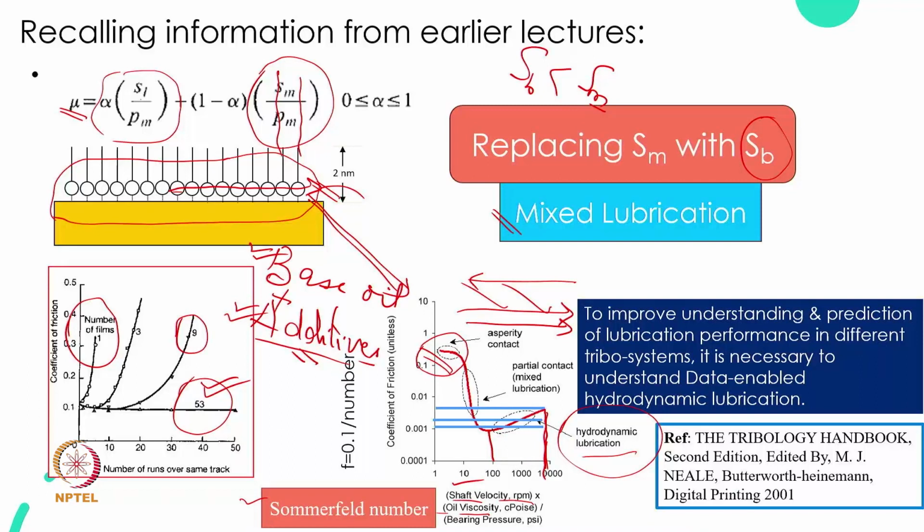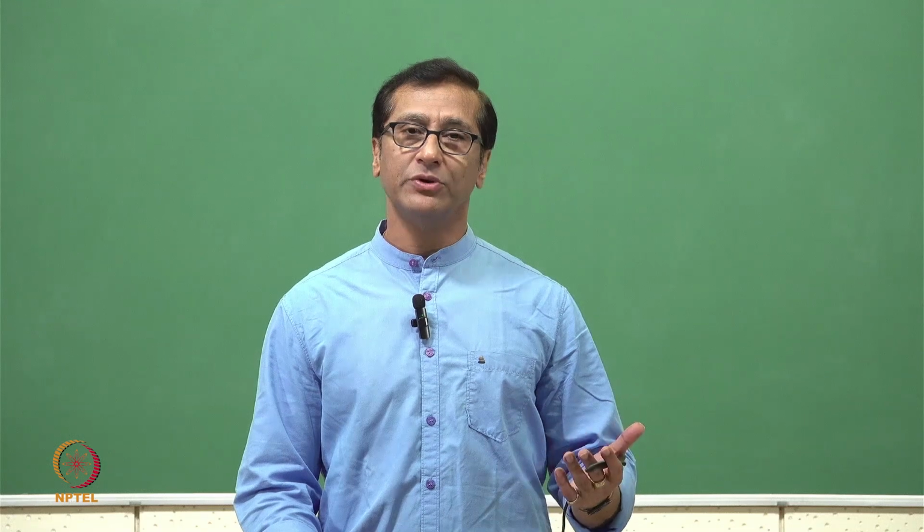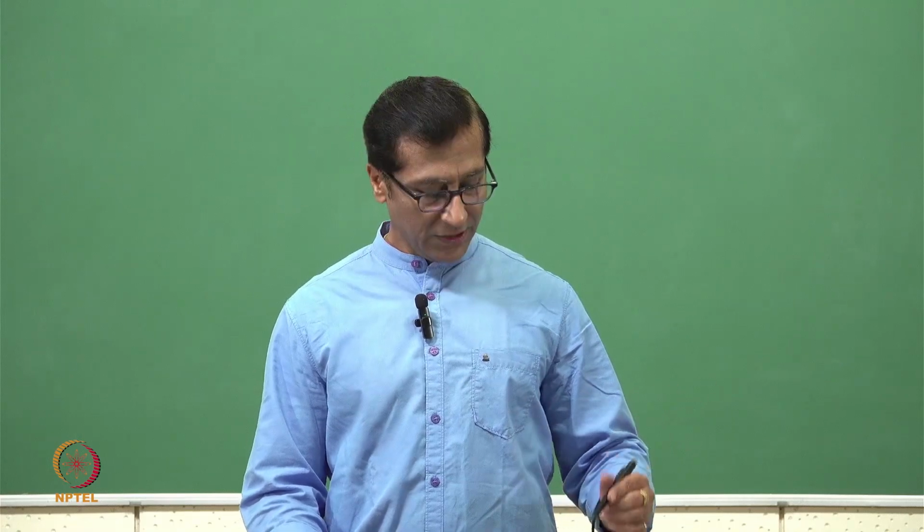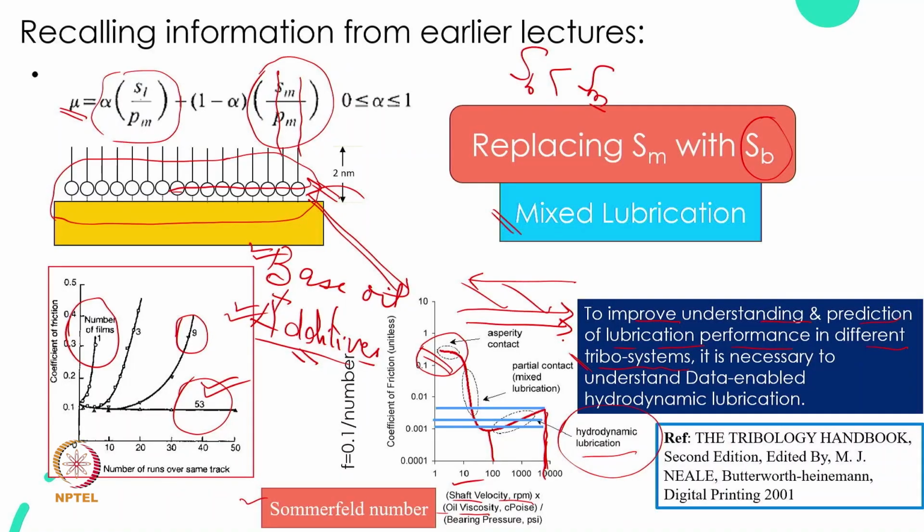So in other words, to improve understanding and prediction of lubrication performance, or performance of lubricant, in different tribo systems. It can be cam follower, it can be gears, it can be rolling element bearing, it can be journal bearing, it can be thrust bearing, whatever. That's why we are saying various tribo systems.